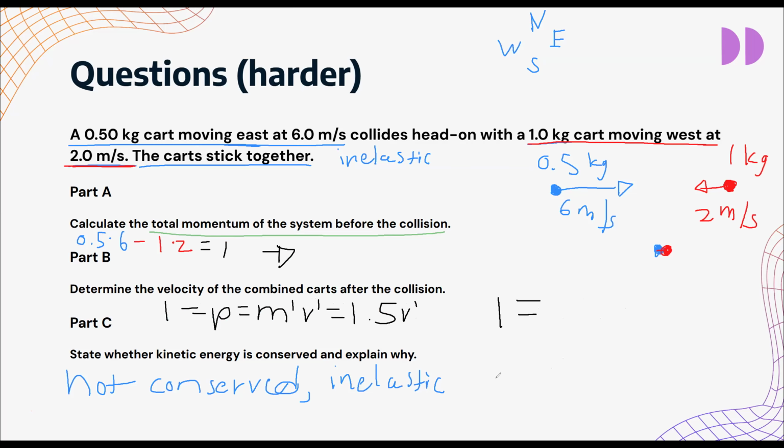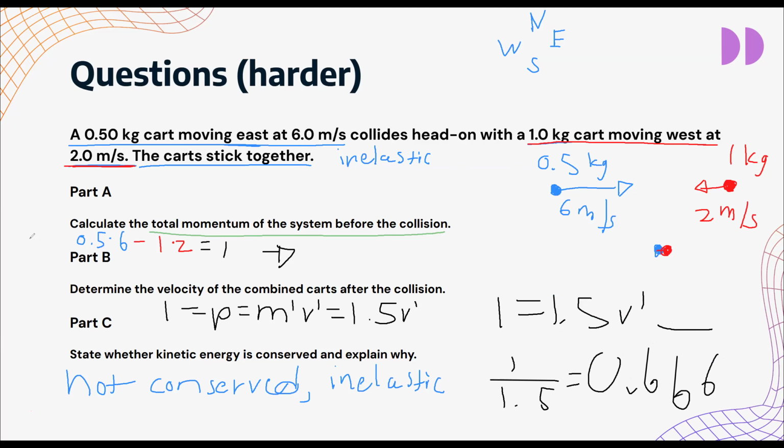So our equation is 1 is equal to 1.5 v prime. So it'll just be 1 over 1.5, and that's going to be 0.666 in this direction. So after this collision, these two balls will be traveling together as one in this direction at a velocity of 0.66 meters per second. Does that make sense?